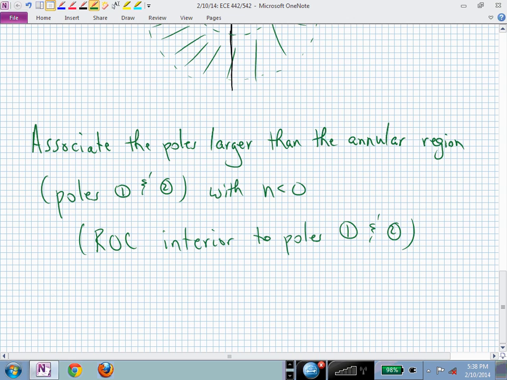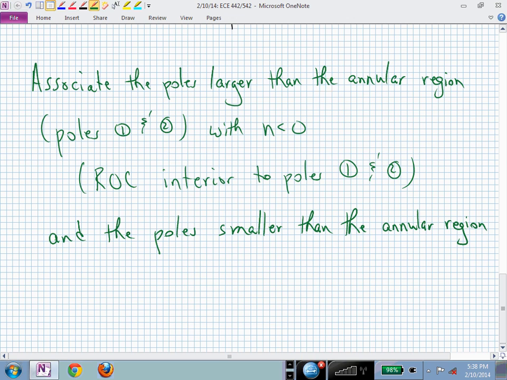We can also associate the poles that are smaller than the annular region. And that now corresponds to poles 3 and 4 with non-negative values of the time index.